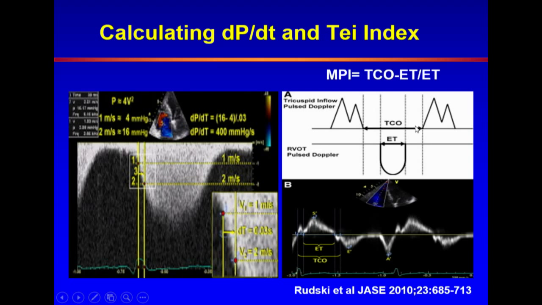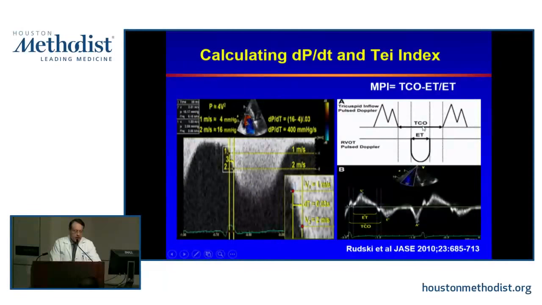That total time equals the isovolumic contraction time, ejection time, plus isovolumic relaxation time. And so you get the ejection time from the RV outflow tract velocity, and you subtract the ejection time from the total time interval above, and that gives you the numerator.